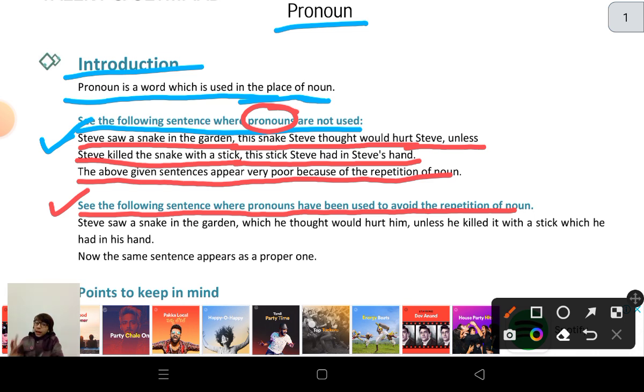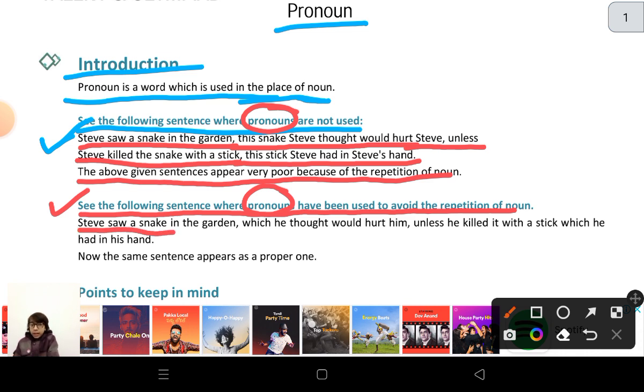Now, to make it interesting, let's add something new to this paragraph. See the following sentences where pronouns have been used to avoid the repetition.